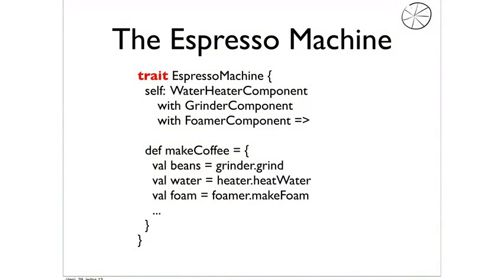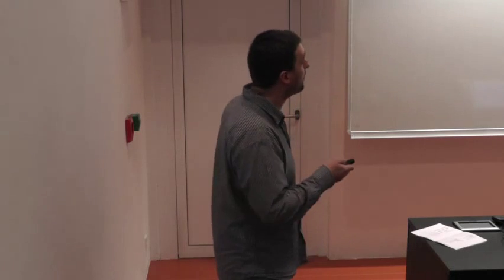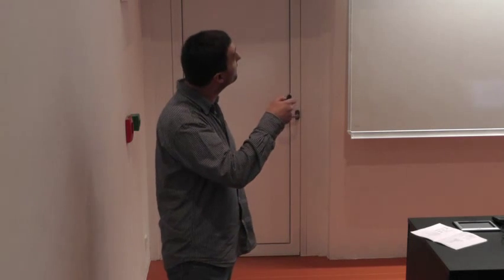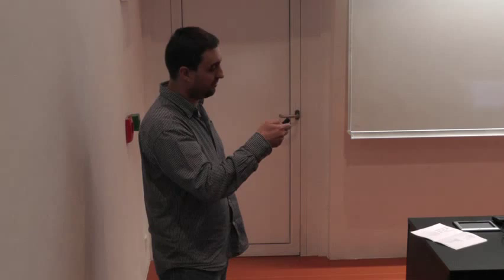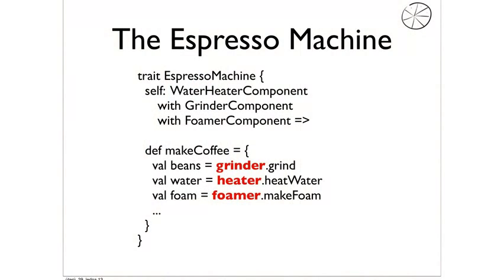So it means that you can have an abstract component declared as a trait that can be instantiated. You can have some or all or none of the methods actually implemented. Here you can see that the espresso machine trait has an actual implementation of how to make a coffee.